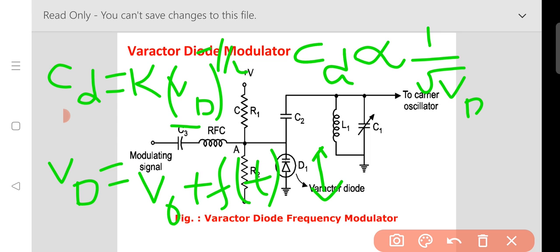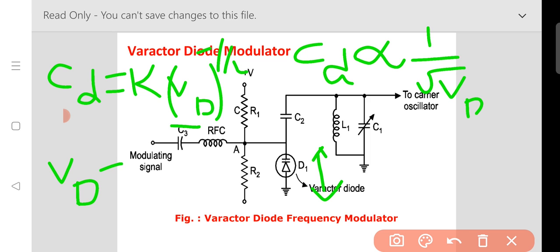Here a voltage V is applied to this circuit.